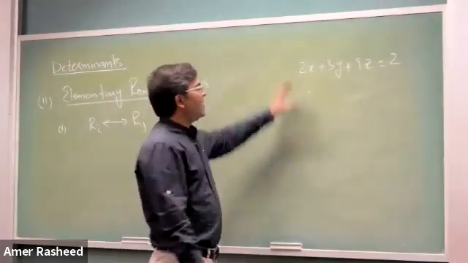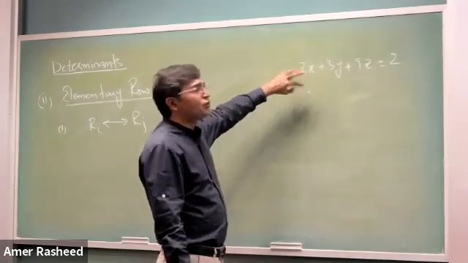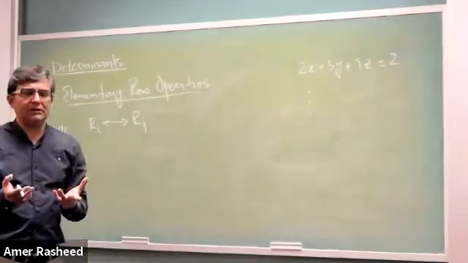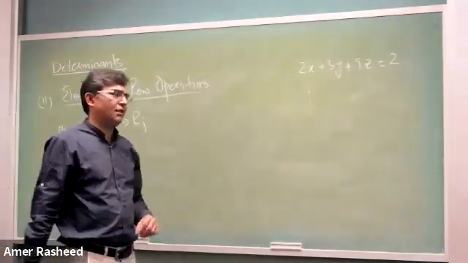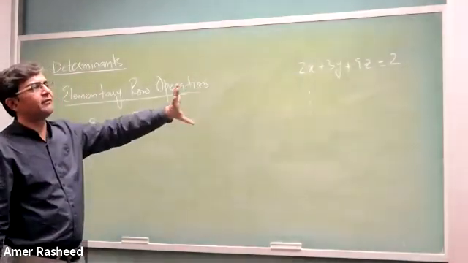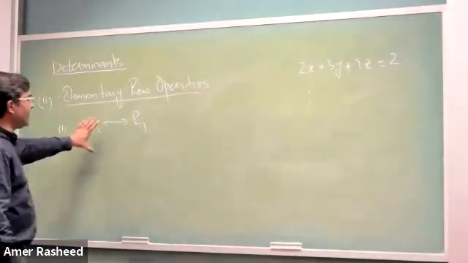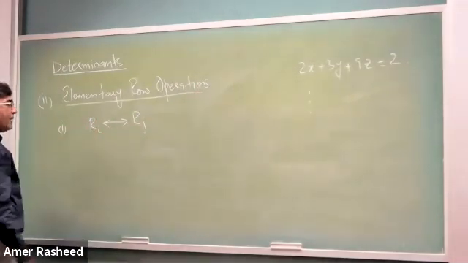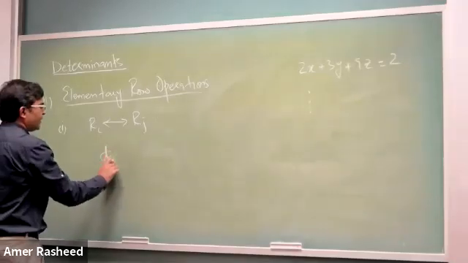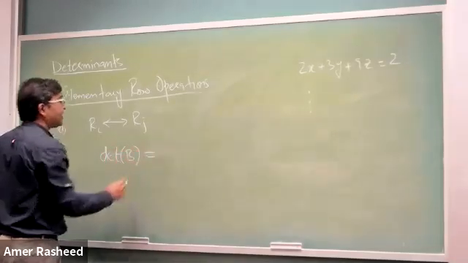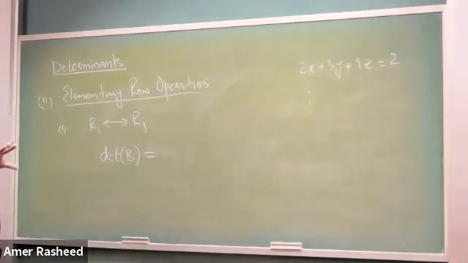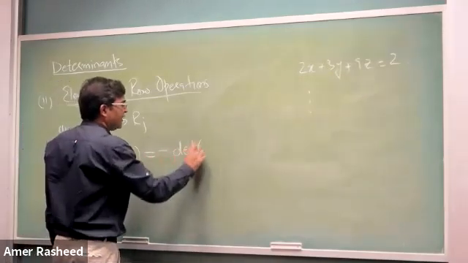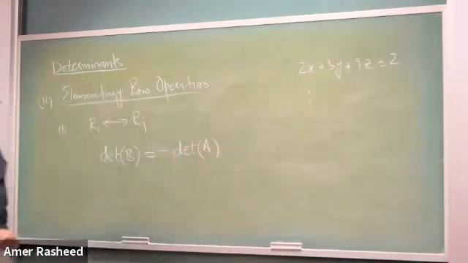Nothing will change, because in linear systems, if you interchange 2 equations, nothing changes with respect to the solution. Solutions of those 2 linear systems will remain the same. But in determinants, if you interchange any 2 rows, then the determinant of the new matrix will be equal to the negative of the determinant of the previous matrix.